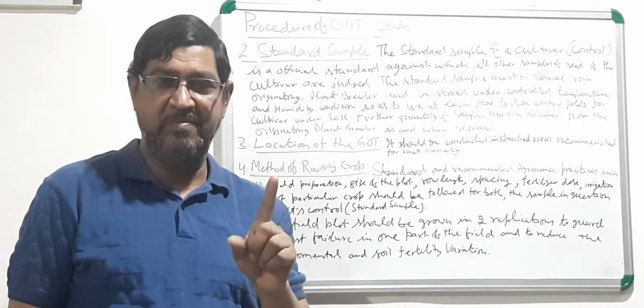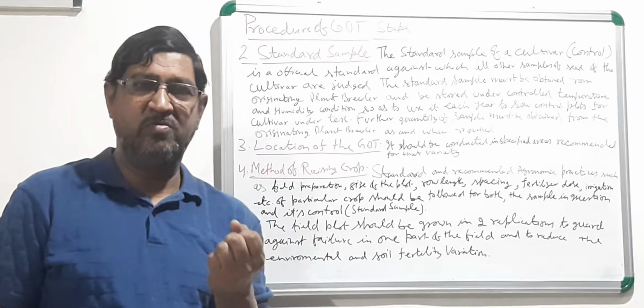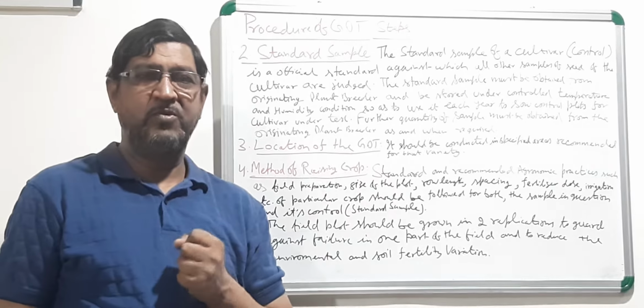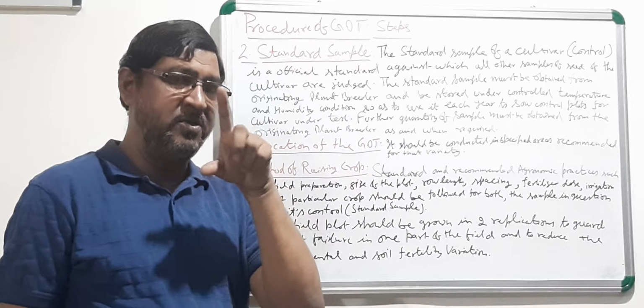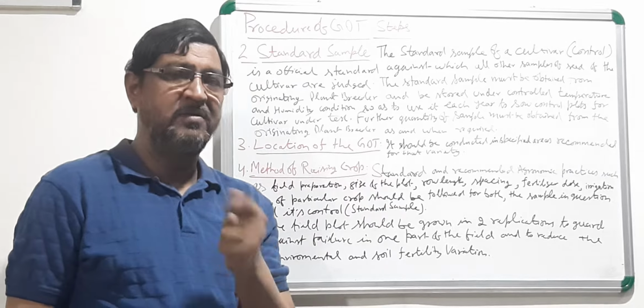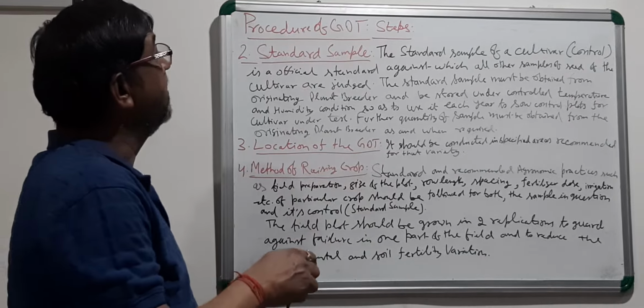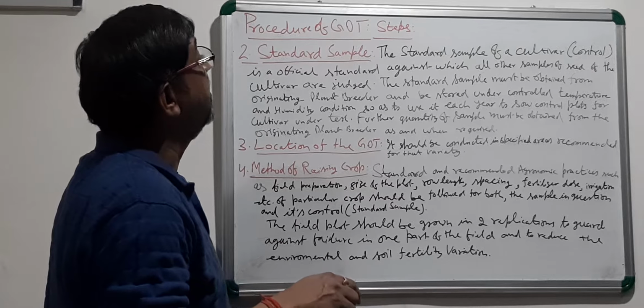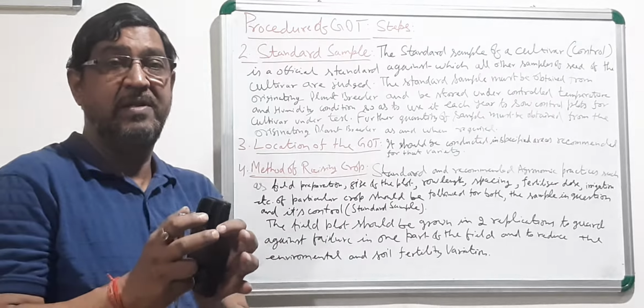Because he is the breeder, he is maintaining the highest quality of the seed. So for grow-out test as a standard sample, you have to get it from the originating breeder. That is standard sample. I have written here itself: the standard sample of a cultivar is the control sample.